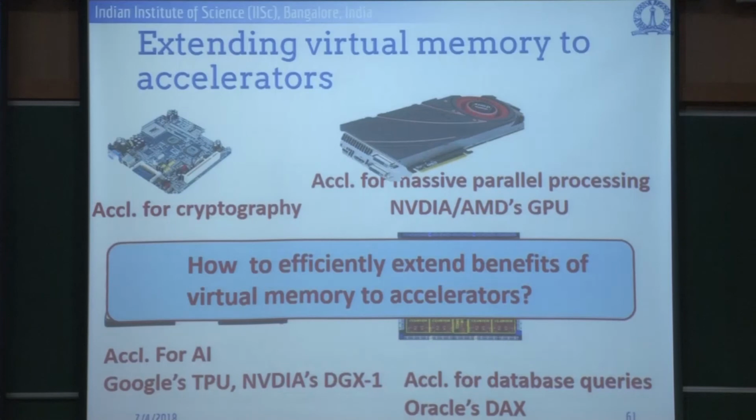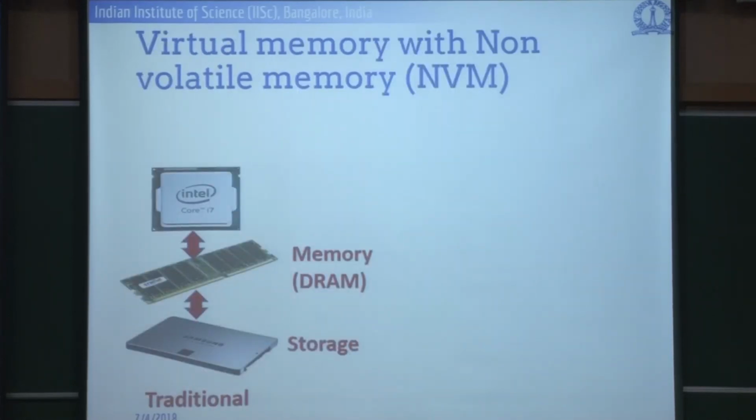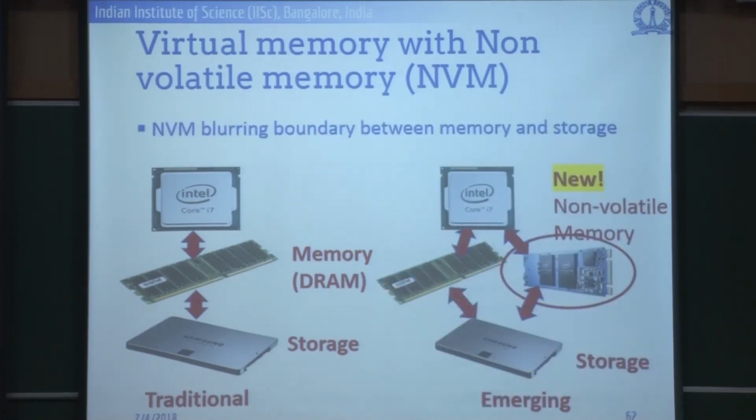There are also changes happening in how memory is organized. Traditionally there is a very clear distinction between memory and storage. You have storage like SSD and hard disk, and then you have DRAM, memory. But there are new technologies emerging that are blurring this distinction, called non-volatile memory. DRAM by definition is volatile, in the sense that if the power goes off, all data is lost.